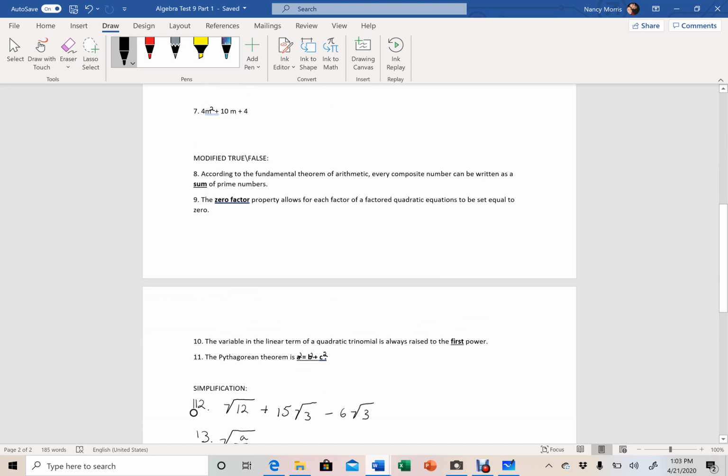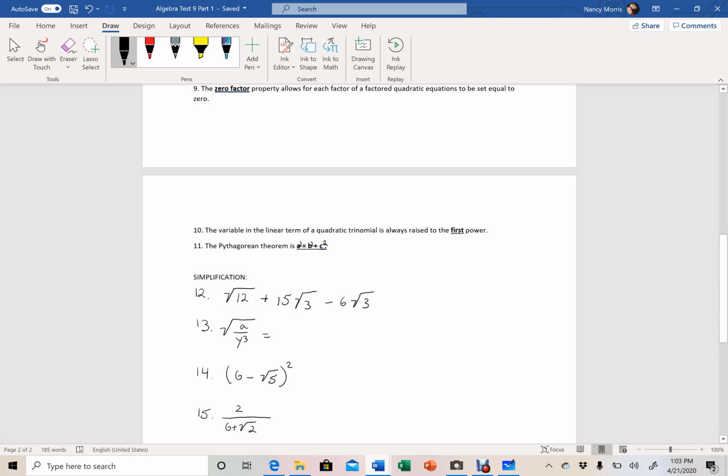Okay, so number 8 is according to the fundamental theorem of arithmetic, every composite number can be written as the sum of prime numbers. Number 9 is the zero factor property allows for each factor of a factored quadratic equation to be set equal to 0.